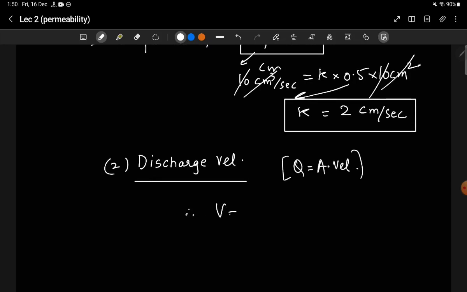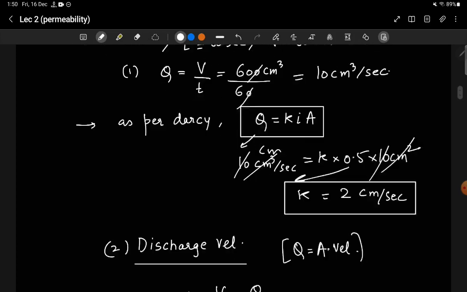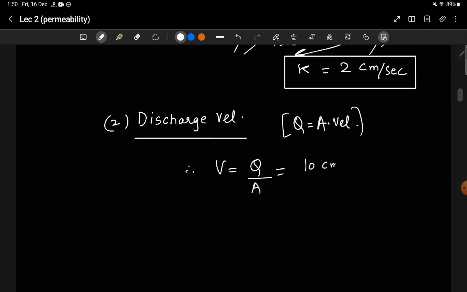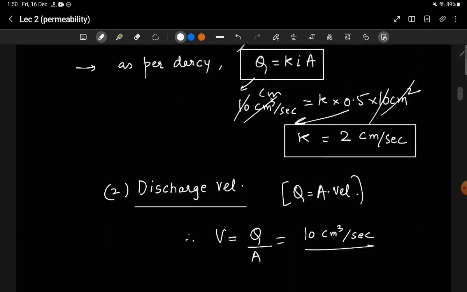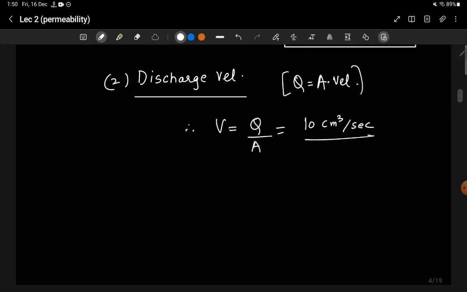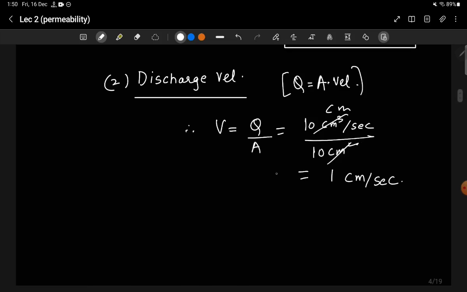Therefore, velocity can be found out by the ratio of Q by A. Q we have now is 10 centimeter cube per second, and the area we have is 10 centimeter square. So the velocity we are getting is 1 centimeter per second. This is our discharge velocity.